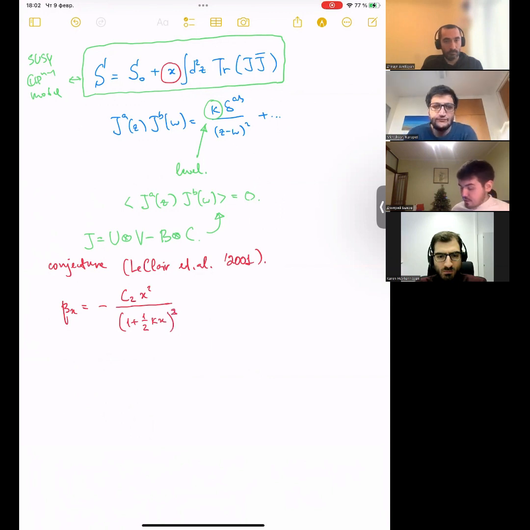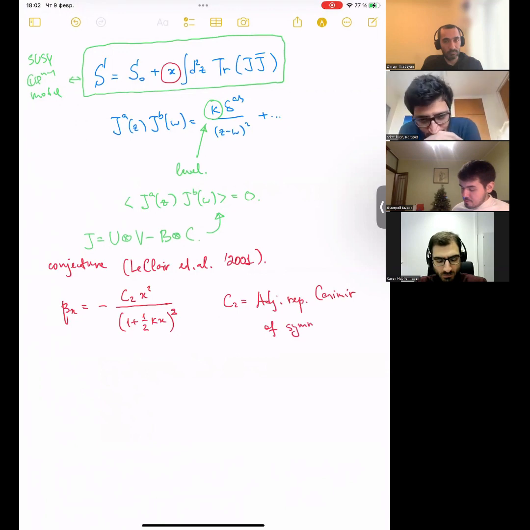C2 is the second Casimir, the adjoint representation Casimir of our symmetry group G. In the case of SU(N), C2 is N.